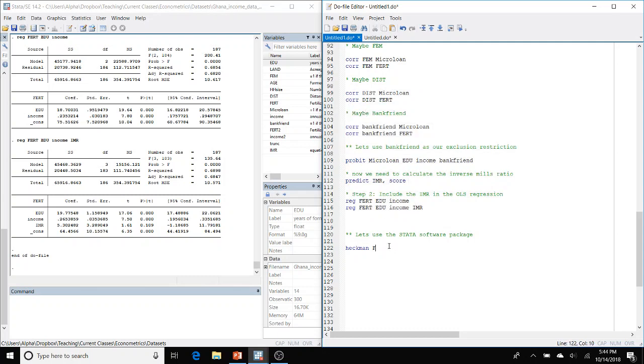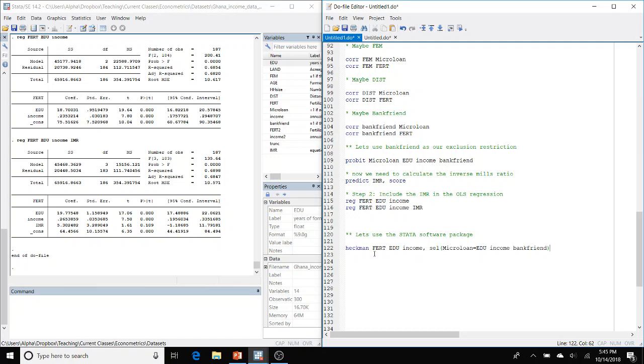Heckman model. What we do is we write basically the OLS regression, comma, selection, and then in the selection, we write out the selection model. So microloan equals edu, income, and then the exclusion restriction, bank friend.